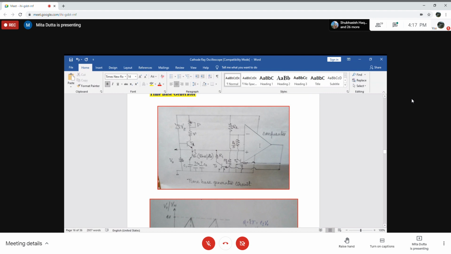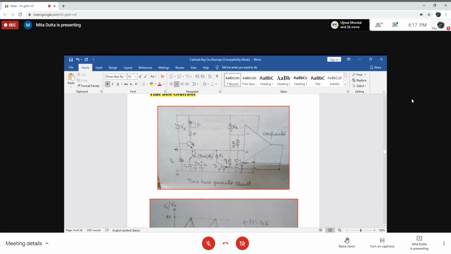So if we take this to be 12 volt, it will be 2/3 VCC, that means 8 volt. So the comparator output will be low, because the negative input terminal is at 8 volt and the positive input terminal is 0. So transistors T2 and T3 will remain off.